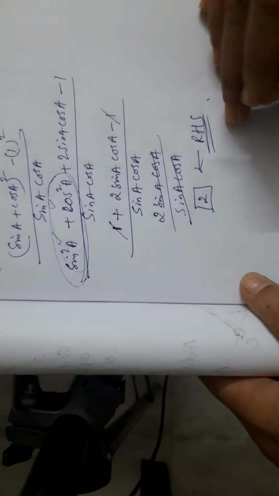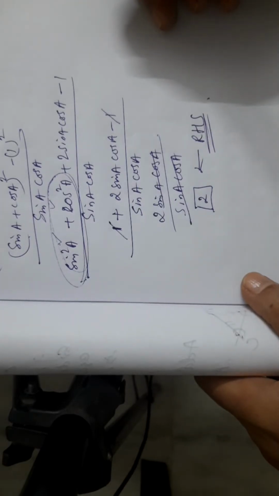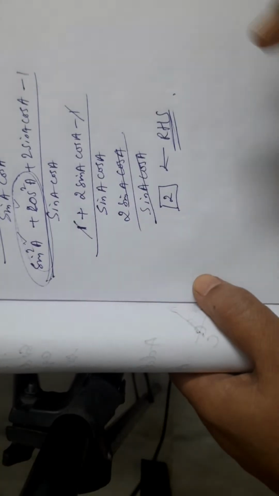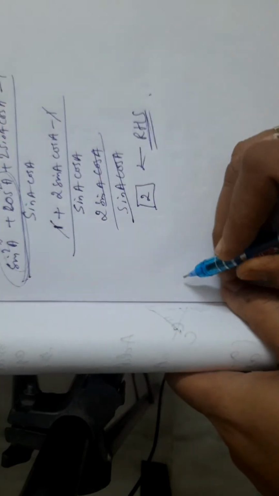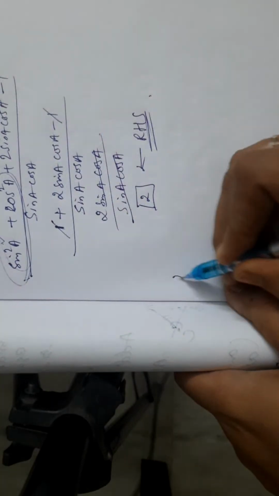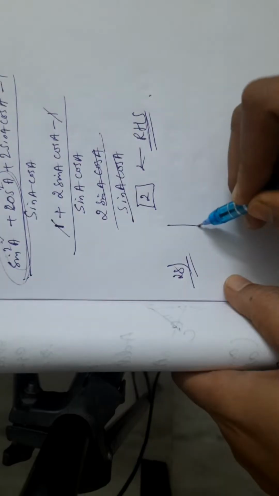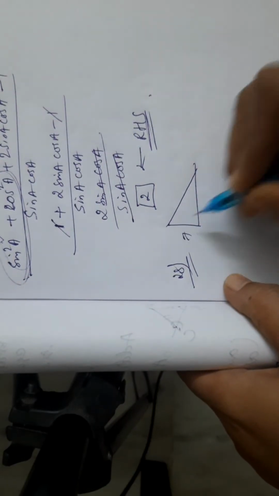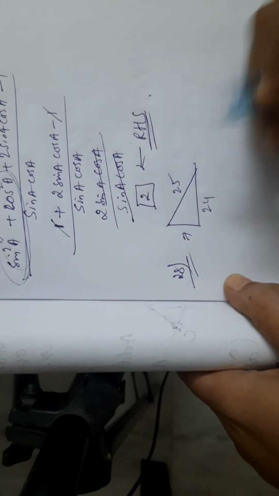Now the next question is: sides of a right angle triangular field are 25, 24 and 7. This is question number 28. A right angle triangle is there, sides are 7, 24, 25.